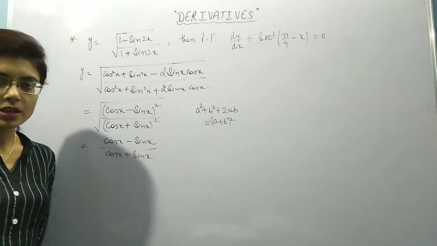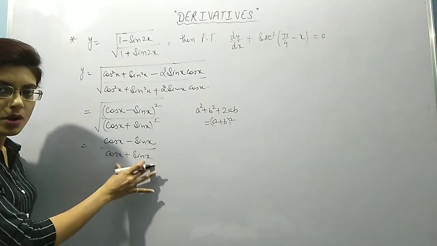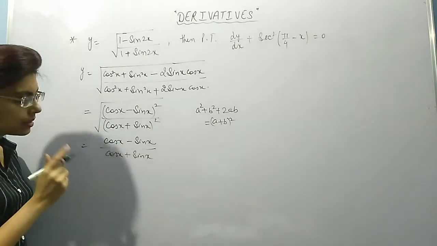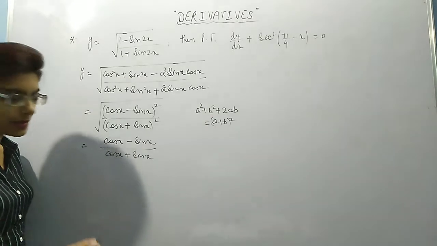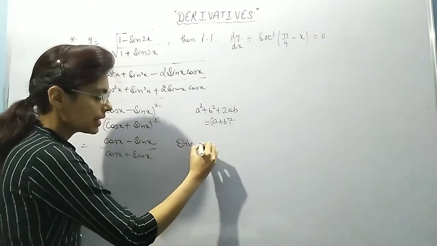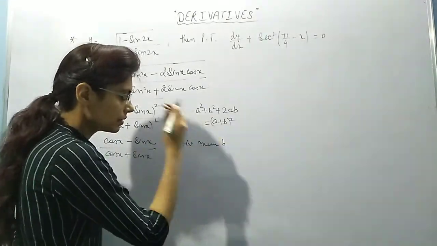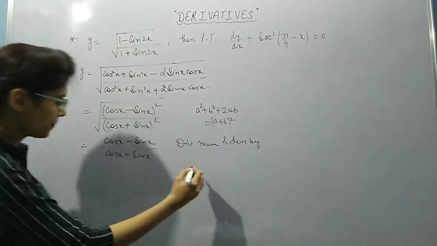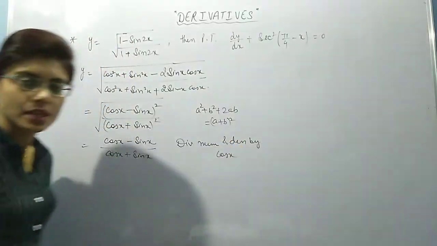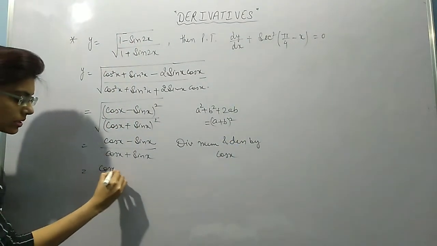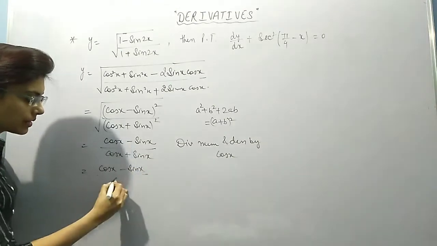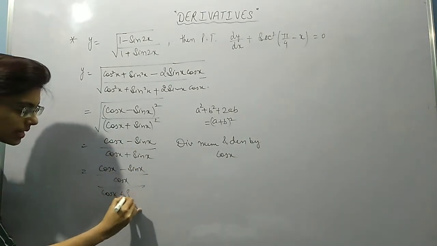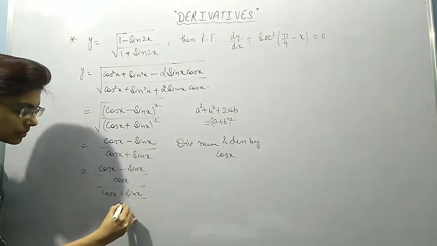Again with practice you will come to know that the next step which you have to keep in mind is to divide numerator and denominator by cos x. Dividing numerator and denominator by cos x, we get cos x minus sin x divided by cos x over cos x plus sin x over cos x.